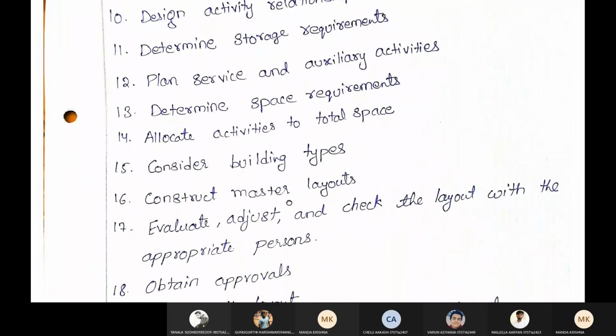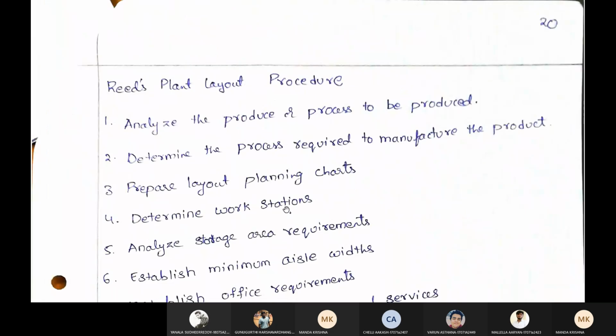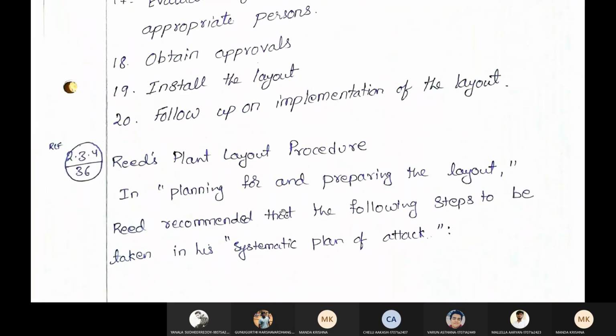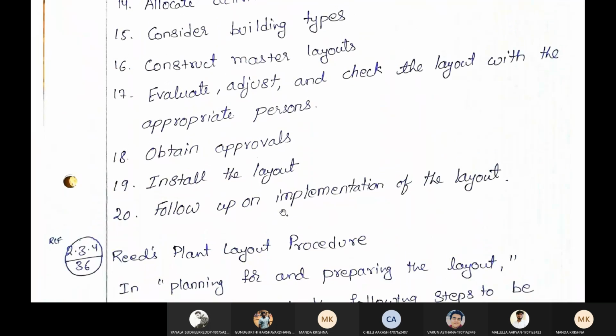Next is construct the master layout. Next is to evaluate, adjust, and check the layout with the appropriate persons.